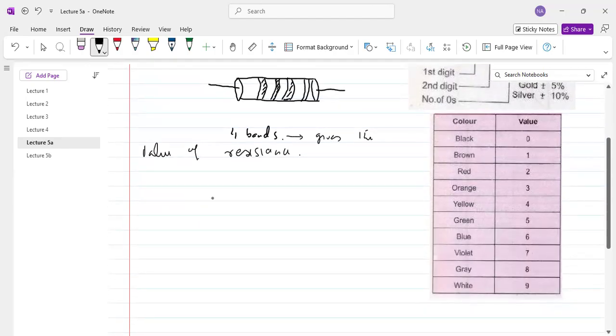Each color has associated with it a definite value, and the resistance is calculated from the digits obtained corresponding to the color bands.